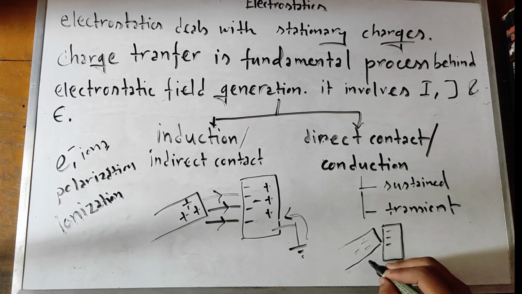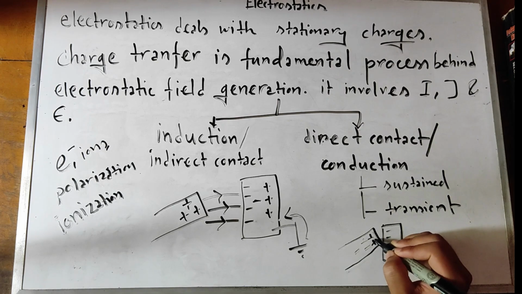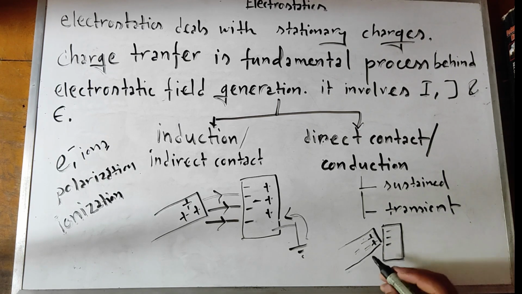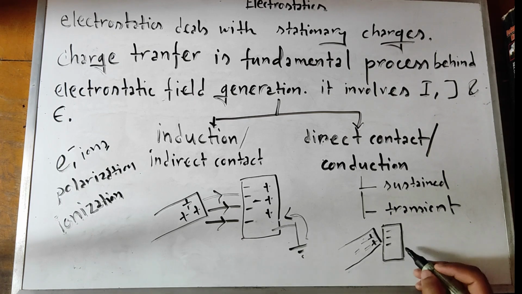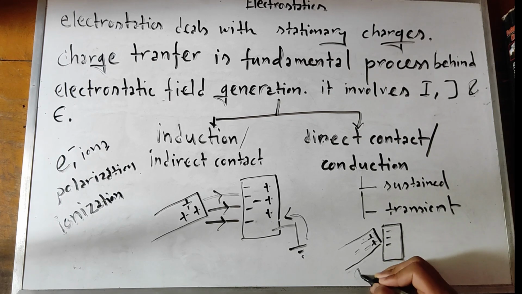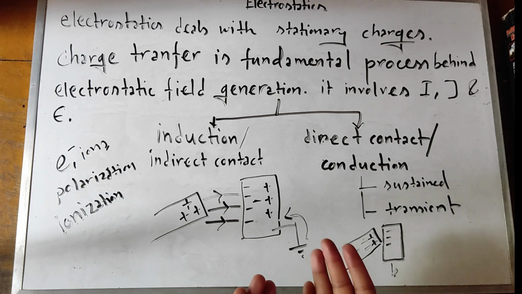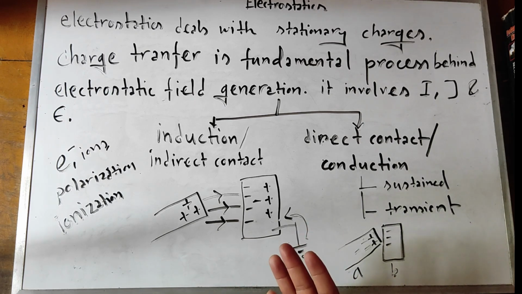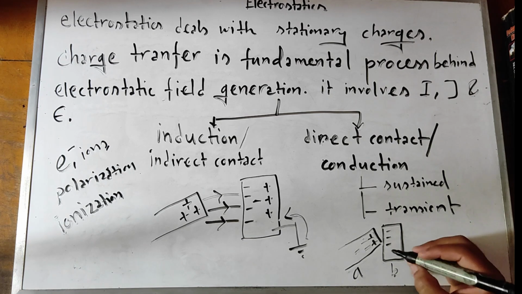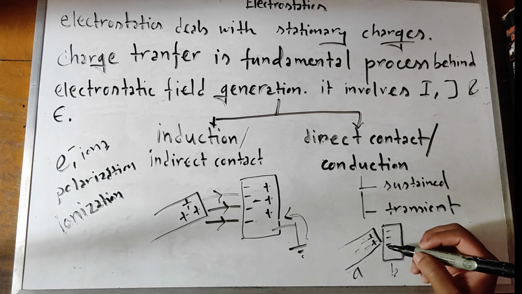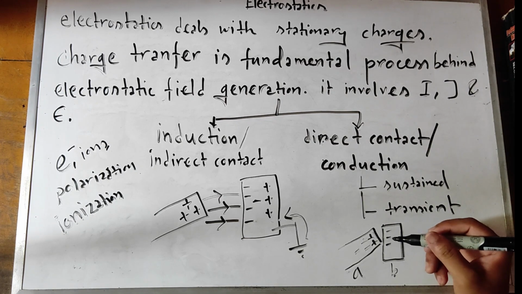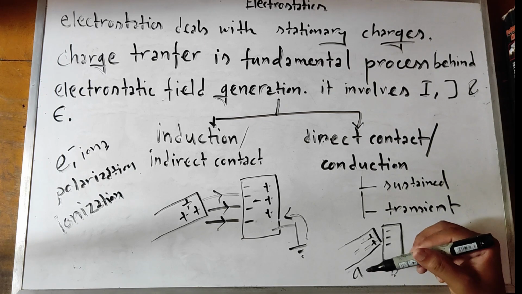Body A was positively charged and body B was negatively charged, not in direct contact. Relative to each other, body B would be net negative and body A net positive.